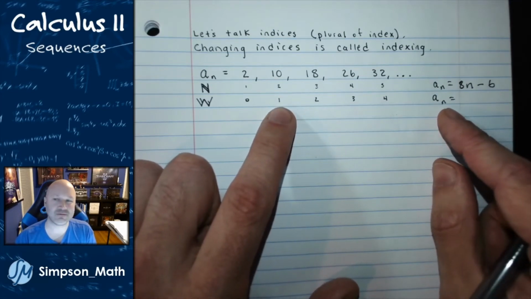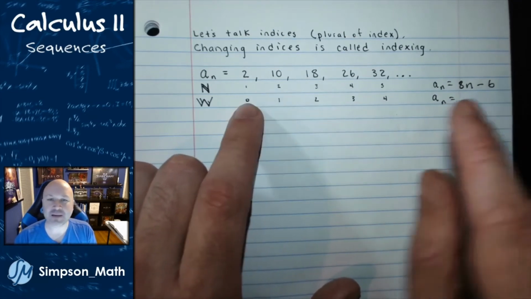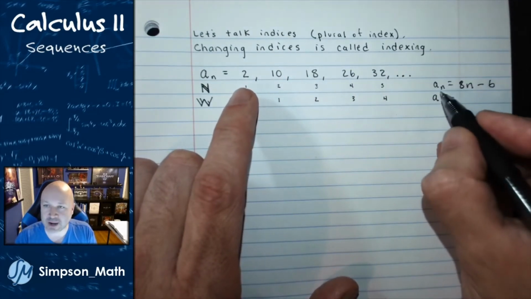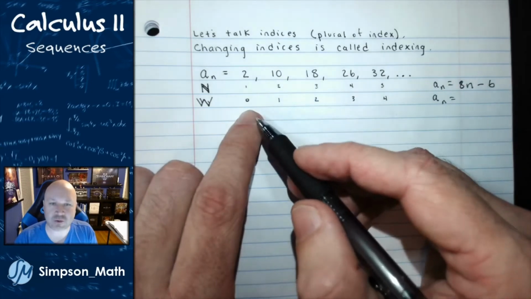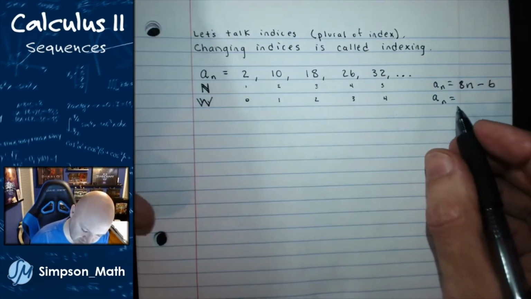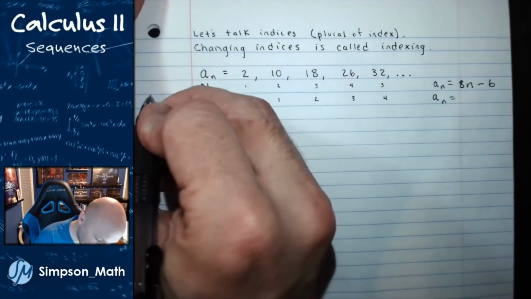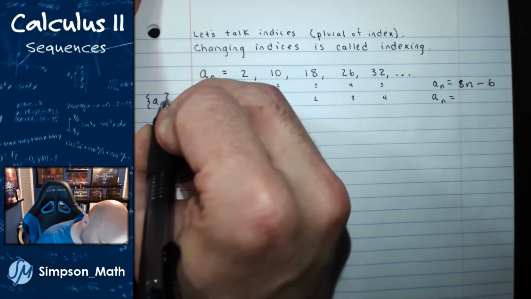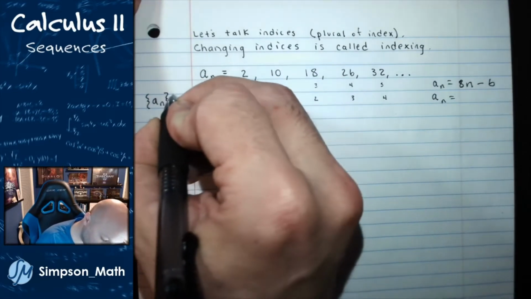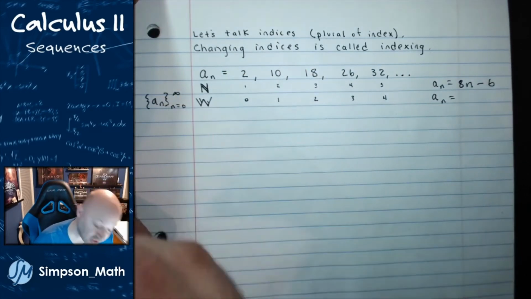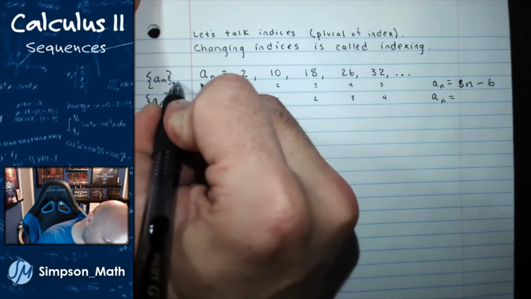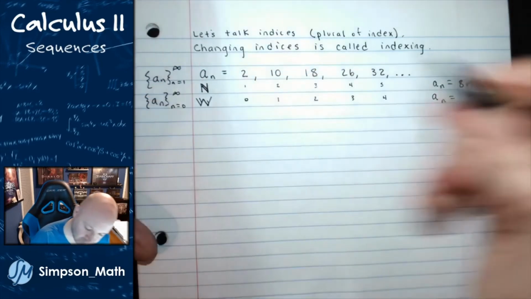So confusing, but don't be confused. Okay, how can I come up with this same sequence, but instead of starting at 1, I'm going to start at 0. So that's the notation I need to use here. This is the set of a sub n, where I start at 0 and go to infinity. The one I just did was the set of a sub n, where I start at 1 and go to infinity.